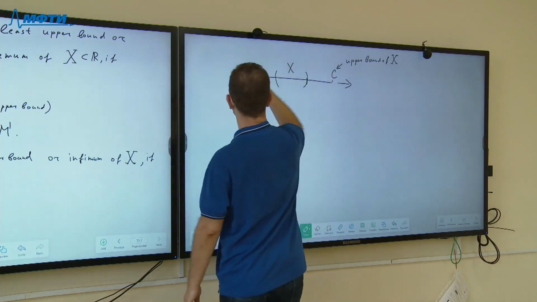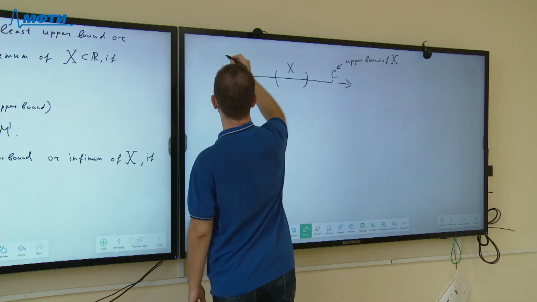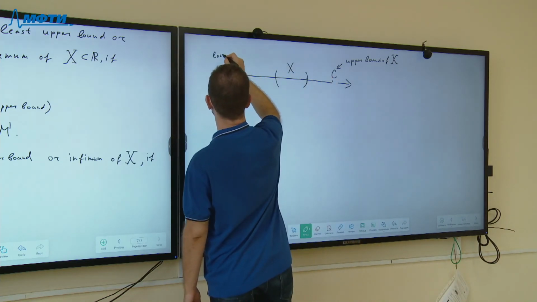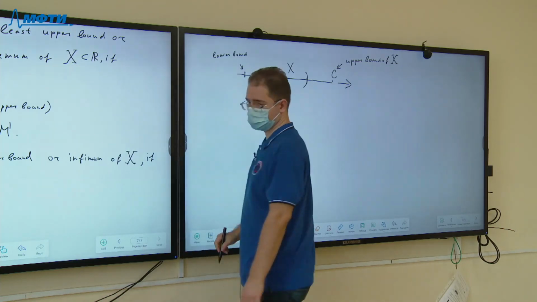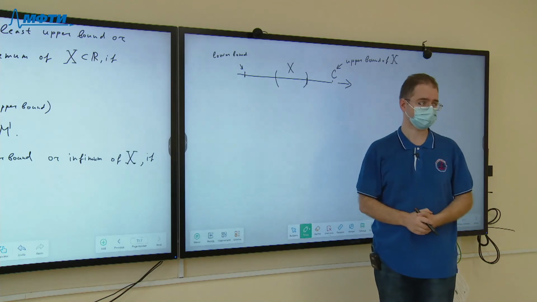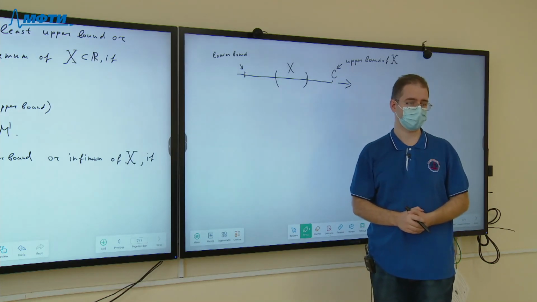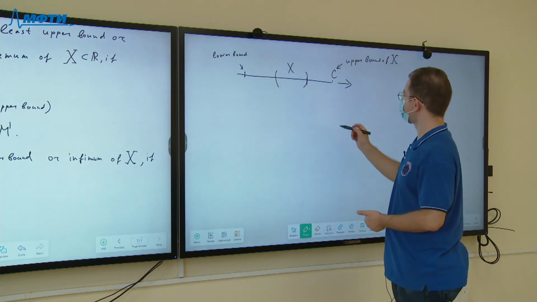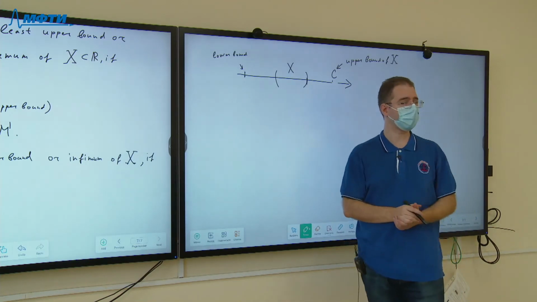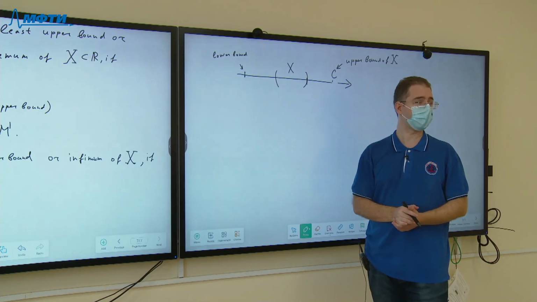And, for example, this number would be a lower bound. And of course, you can see that I have multiple upper bounds.